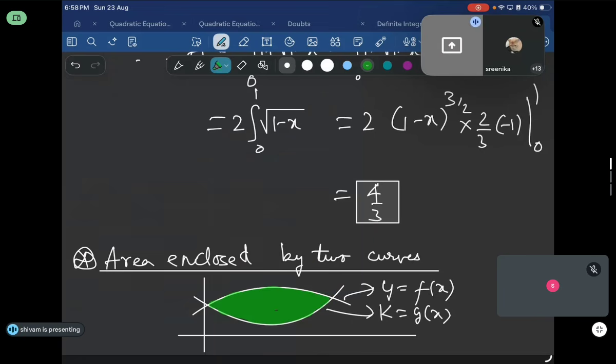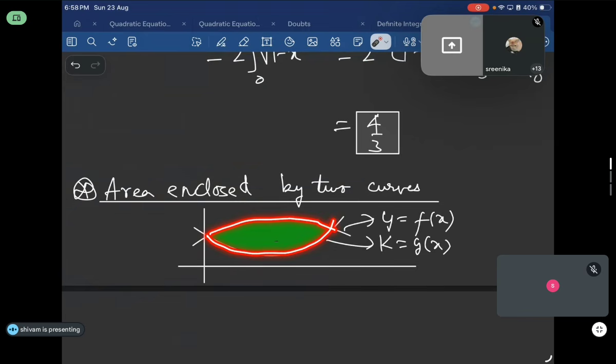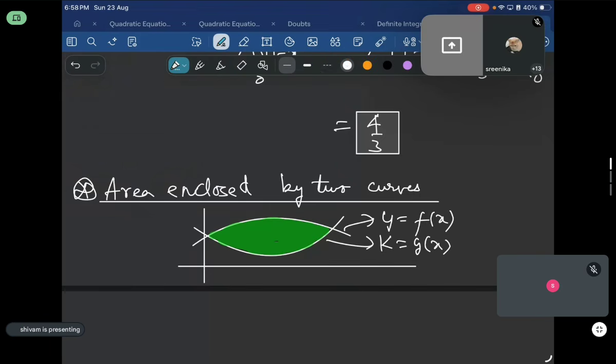If I want to find out this area, I'll find out the total area, and then I'll find out this area, and then I'll subtract. Are you people able to understand?